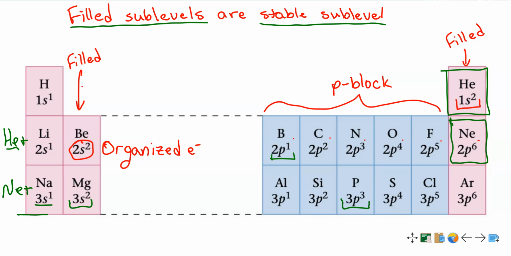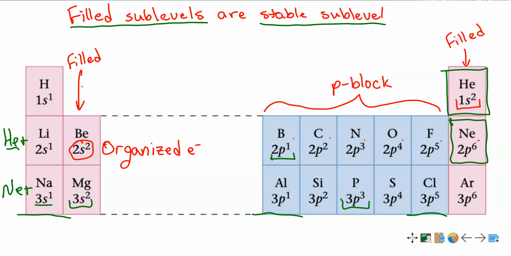So sodium has the same core configuration as neon. Aluminum has the same core configuration as neon. Chlorine has the same core configuration as neon. So we don't have to write 1s2, 2s2, 2p6 over and over again. We can just write neon and then add the extra stuff on top of it.